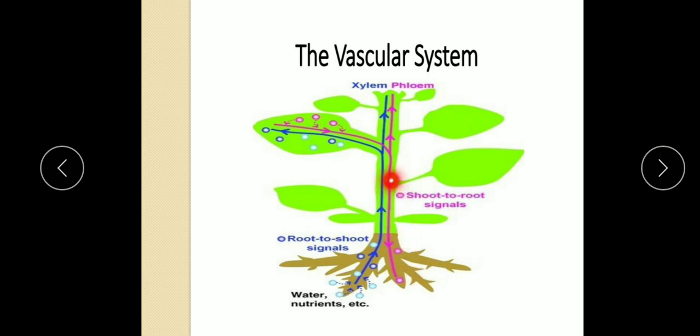So in this manner, xylem and phloem transport water, minerals and food to the different parts of the plant. Xylem conducts water and minerals upward from the roots, and phloem translocates food from the leaves to all other parts.